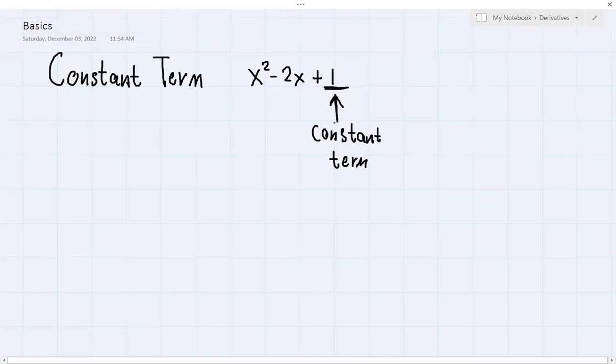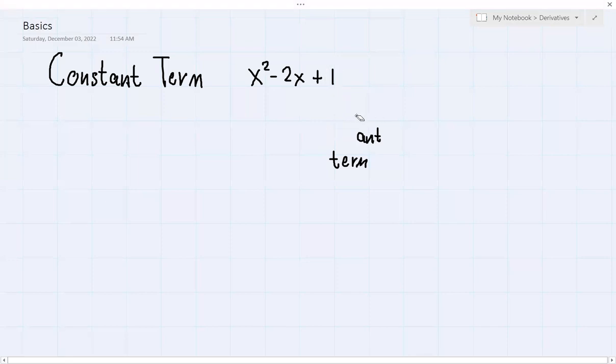Rather, it exists as a constant or as a number. Wala siyang kapartner ng x or function. Basta number lang. So itong term, ang tawag natin sa kanya ay constant term.